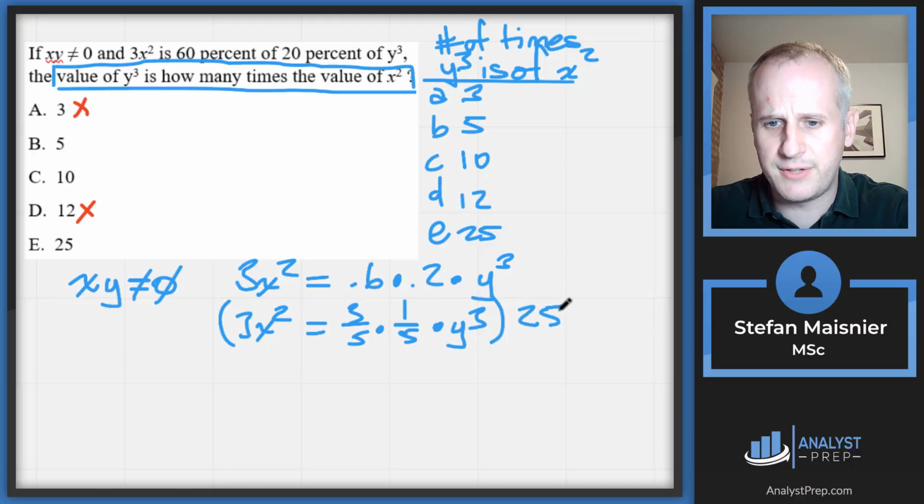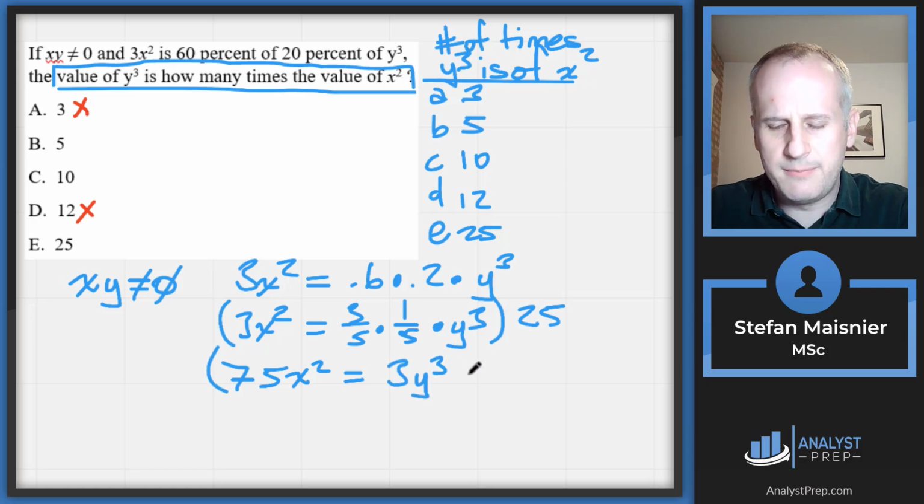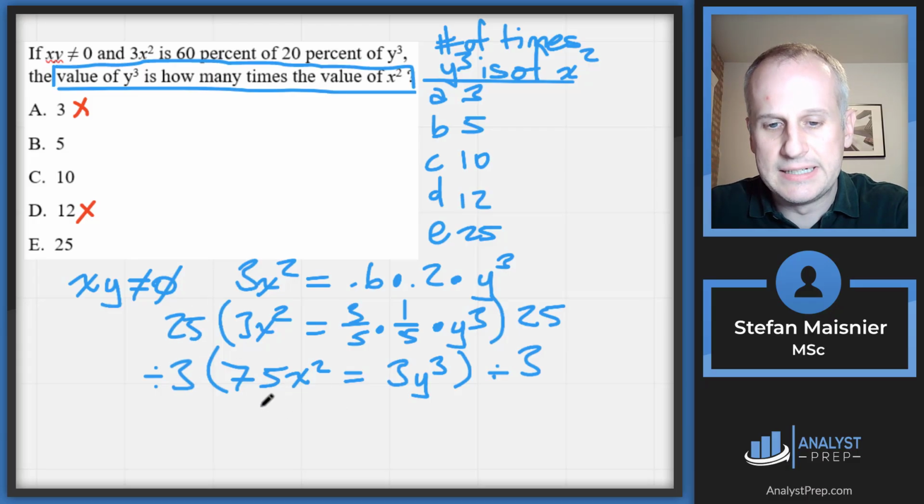So we get rid of 25, and we get 75x squared is equal to 3y cubed. Then we can just divide by our 3 on each side, and we'll have our 25 over here just to make sure we did everything properly. And we've got 25x squared is equal to y cubed.